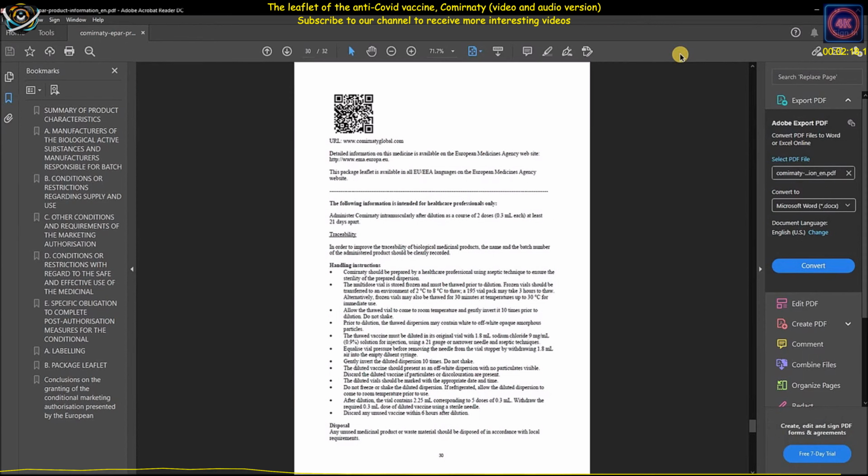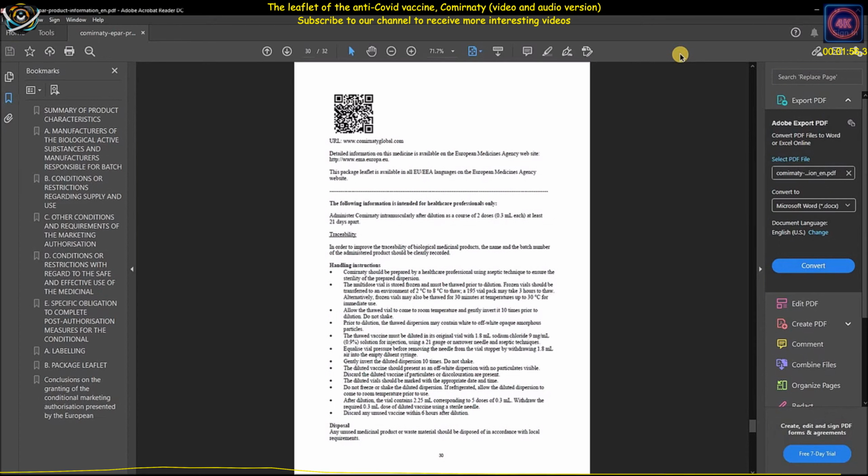Alternatively, frozen vials may also be thawed for 30 minutes at temperatures up to 30 degrees Celsius for immediate use. Allow the thawed vial to come to room temperature and gently invert it 10 times prior to dilution. Do not shake. Prior to dilution, the thawed dispersion may contain white to off-white opaque amorphous particles.